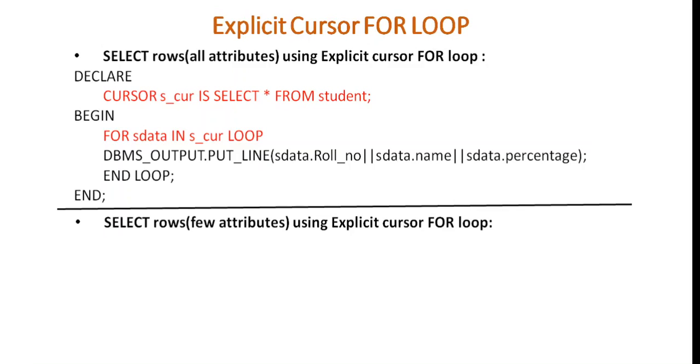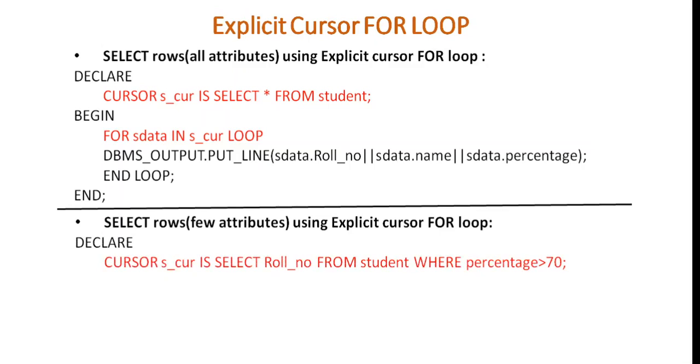Now we'll have another example of a cursor for loop, that is, selecting a few attributes. I have written the cursor scur as select roll number from student where percentage greater than 70. Now I want to select only the roll number, I don't want to select all the attributes. In the begin section we again have the same syntax: for s data in scur loop.